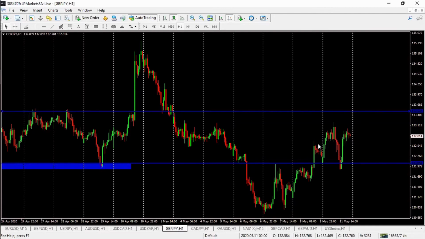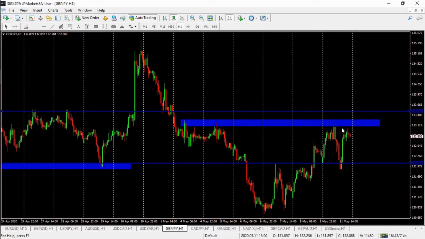So in terms of what can happen, it's been tested here, which is already almost 3 tests of that same zone, and the market is struggling to push back into this level.